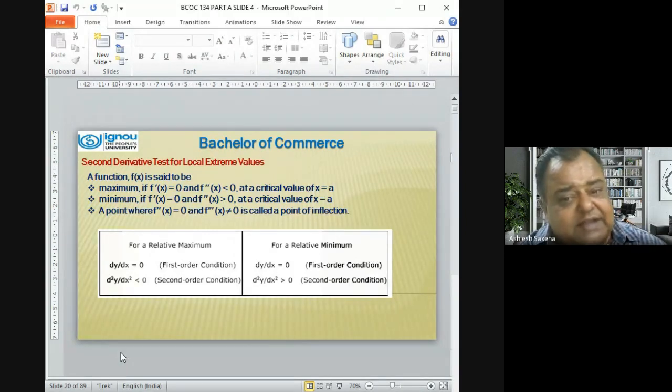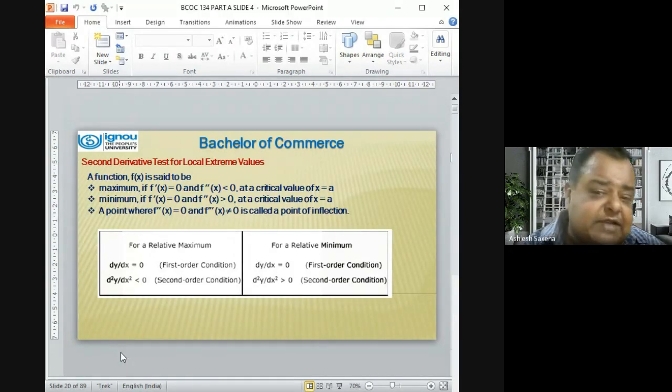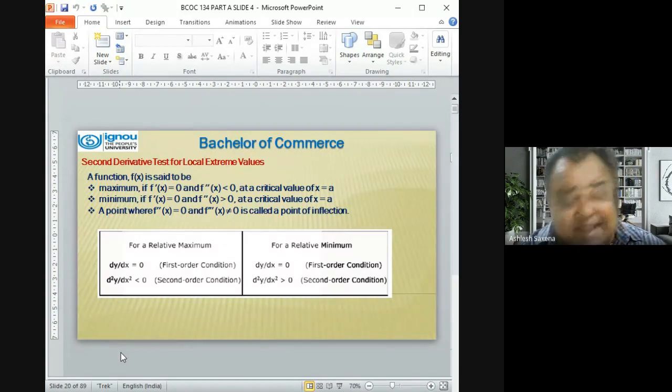Vice versa, it is minimum if f'(x) is equal to 0 and the second derivative is greater than 0 at the critical value. Now, if the second derivative is equal to 0 and the third derivative is not 0, that is the point of inflection.